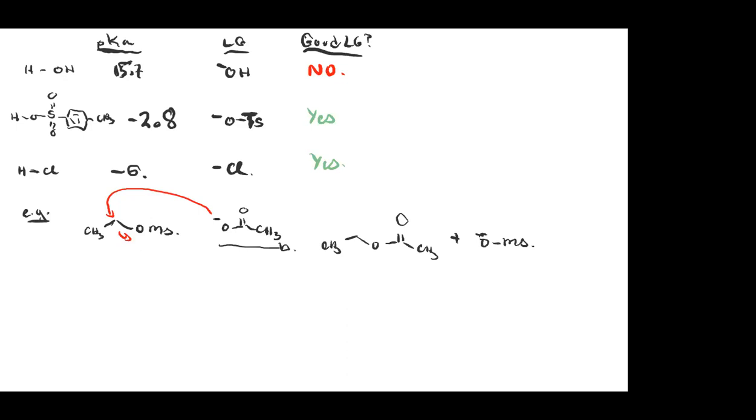The other thing too is, don't let the sulfonate confuse you. All it is is a good leaving group. And we know that another thing I can do with good leaving groups is eliminate them to make an olefin. And we can do that here.